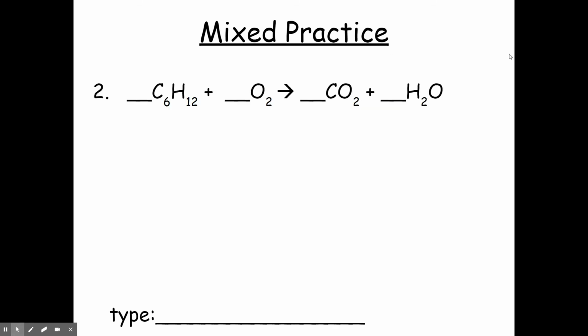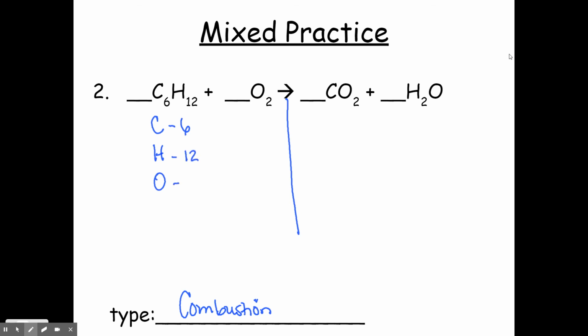In our second example, we have carbon and hydrogen mixed with oxygen to form carbon dioxide and water. The carbon dioxide and water are the giveaway here. This is a combustion reaction. Draw that line. We're going to count C, H, and O. Okay.